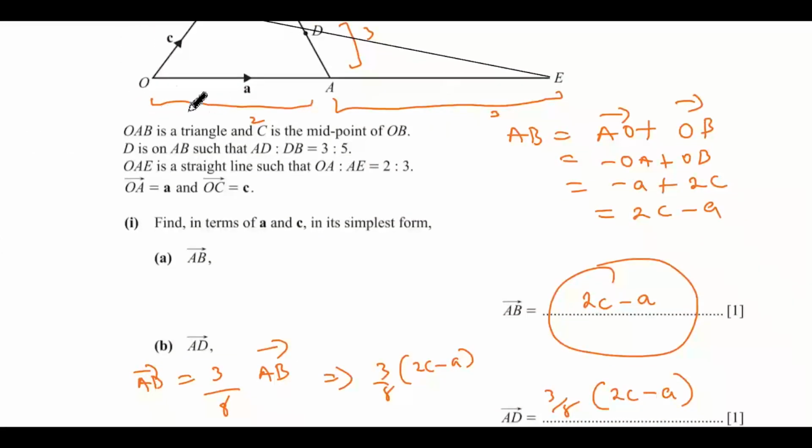We don't know the value of OE, but we know that OA and AE are in the ratio 2 to 3, and we know the value of OA. So OA equals the ratio of OA over the total ratio times OE. From there we can find OE.